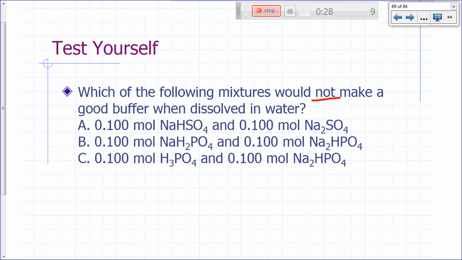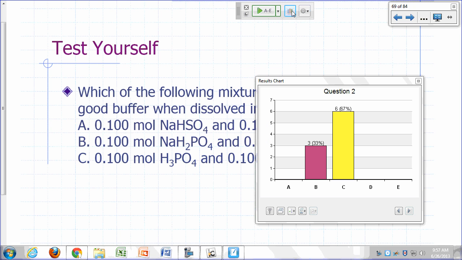Okay, let's see. How do we do? Okay, popular answer is C. Why C?